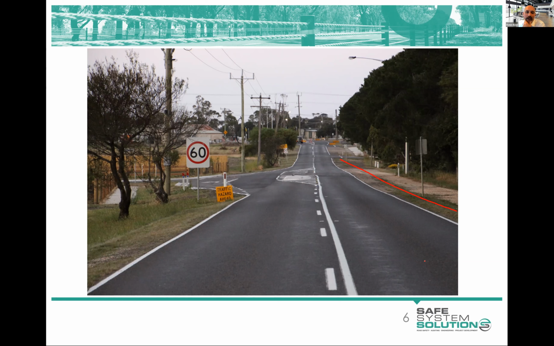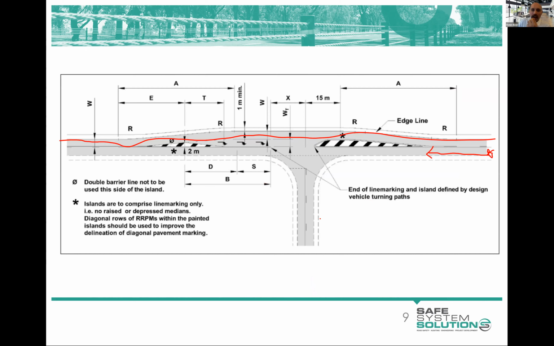And so what we've discovered is that the designer, or whoever's assisting this sub-developer, took this turn treatment and just flipped it over, and flipped it so badly in their CAD software that they haven't even fixed up the line marking issues, where you see here you can overtake once you come out of it and it's safe to do so, but on the approach you don't let overtaking happen.